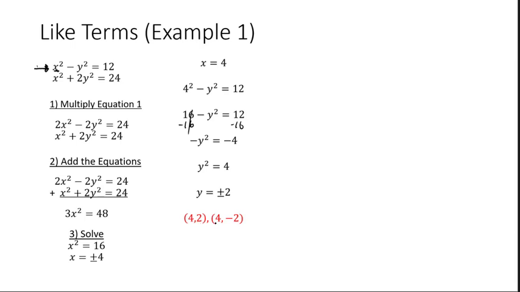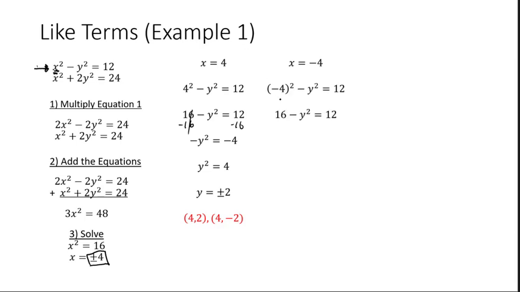So we have two ordered pairs: 4, 2 and 4, negative 2. Then we do the same thing for x equals negative 4, because we have two different answers for x. If x is negative 4, we find y by plugging back into the same equation: negative 4 squared minus y squared equals 12.